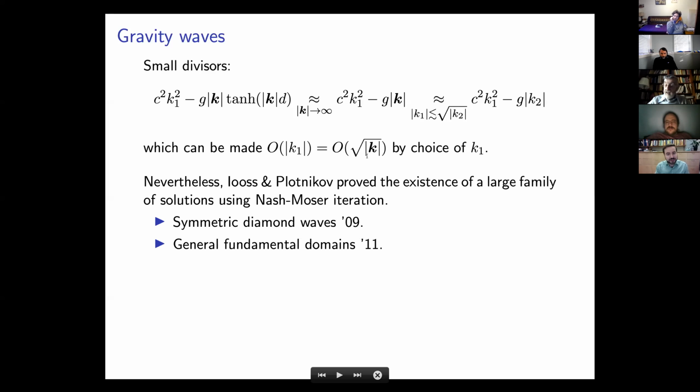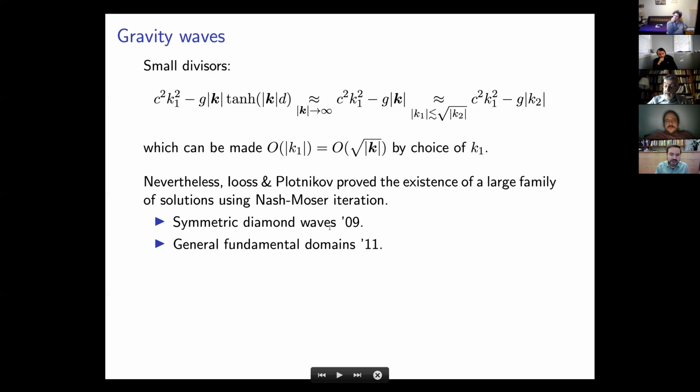In spite of these difficulties, Iooss and Plotnikov, in their two seminal works, managed to prove the existence of a large family of solutions using Nash-Moser iteration. As is typical for Nash-Moser iteration, you don't get a connected family. You have to remove parameter values, so you get these Cantor-like sets.